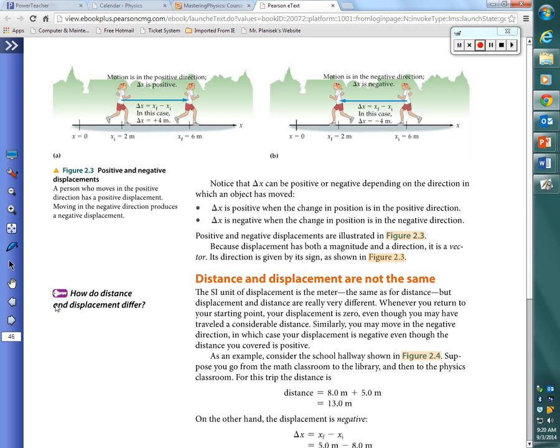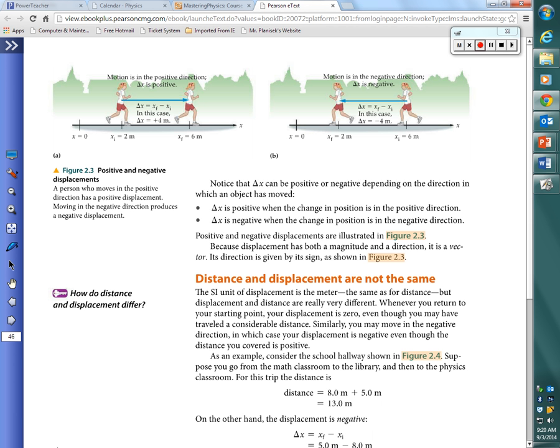Okay? In picture A, right, she starts 2 meters to the right of the origin, or the reference point. And according to our coordinate system, we called the right the positive direction. So her initial position would be positive 2 meters, because she started 2 meters to the right of the origin.